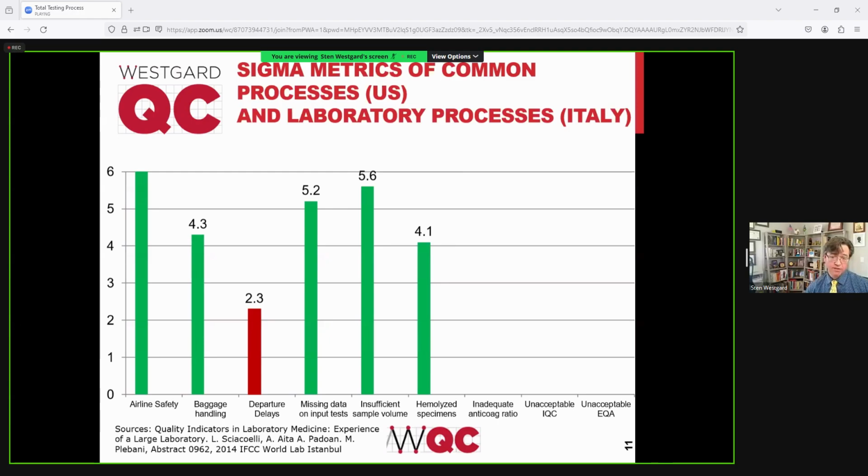Hemolyzed specimens 4.1. So again, that's like your baggage handling in airlines. About 1 out of 300 samples coming in and being hemolyzed. Inadequate anticoagulation ratio, a chronic problem, coming in at 4 sigma. Then, how often were people out of control? What's their QC? Oh, that was 3.7.